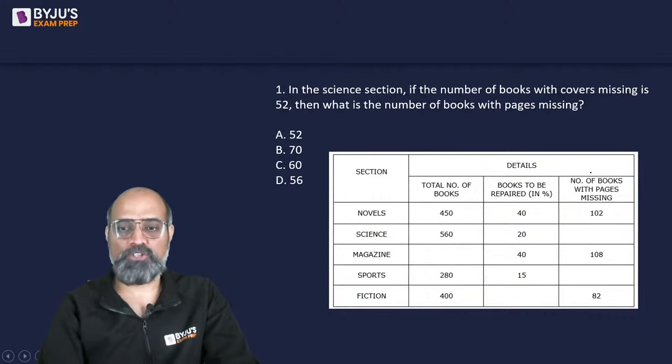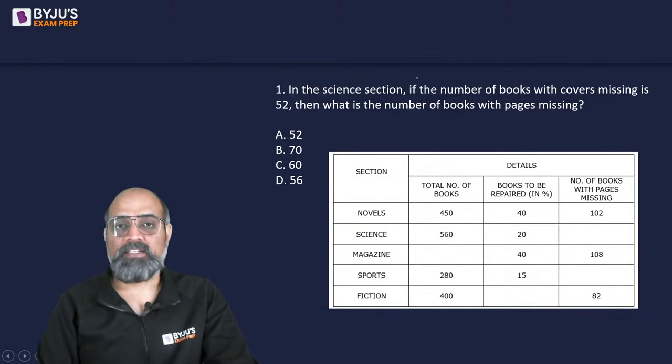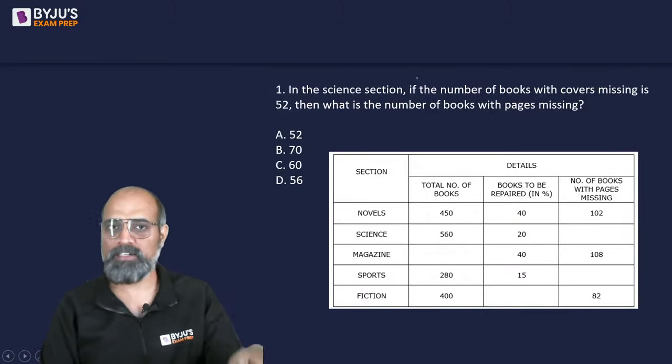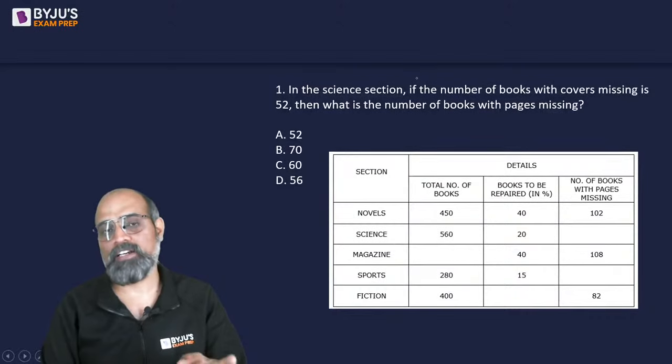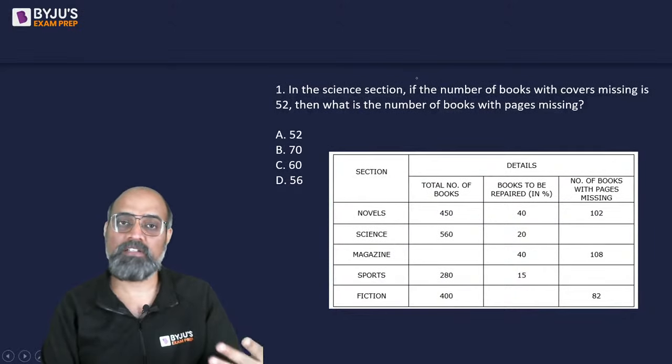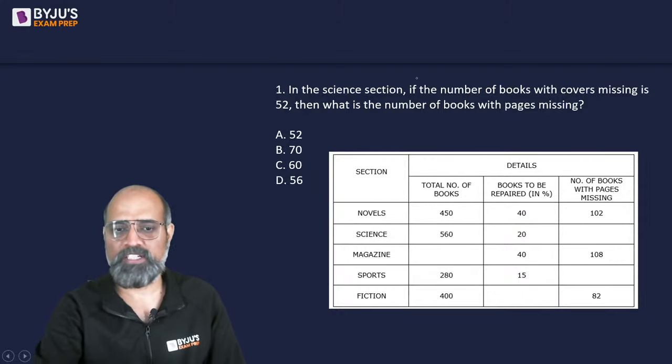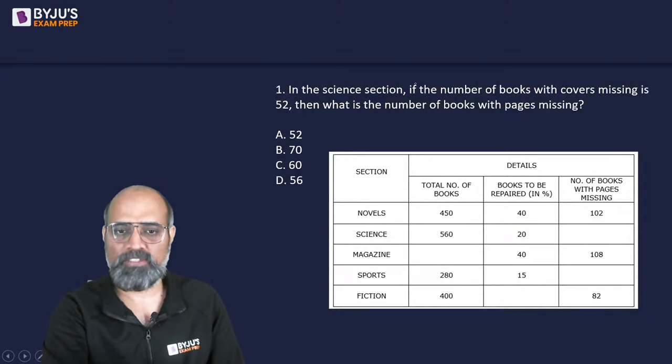So if we have a question like the first question, if it is talking about a specific section, then we do not have to necessarily calculate everything beforehand. But if we have a question where we need everything, it's better that you fill up the table beforehand. So the first question doesn't really require it, because it talks about the science section.